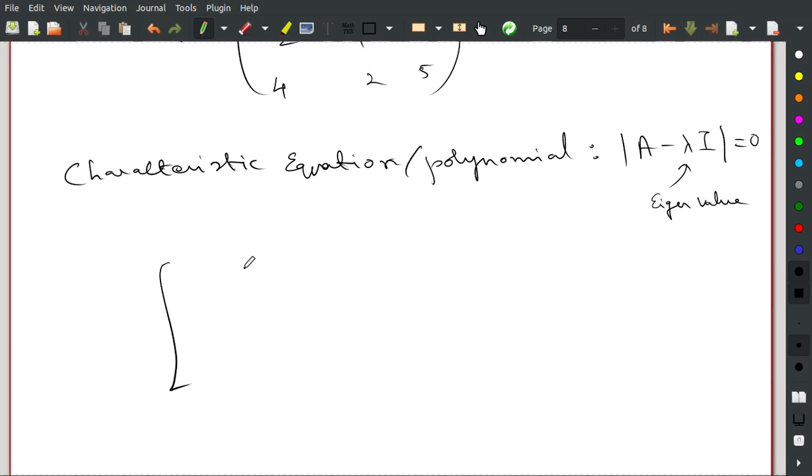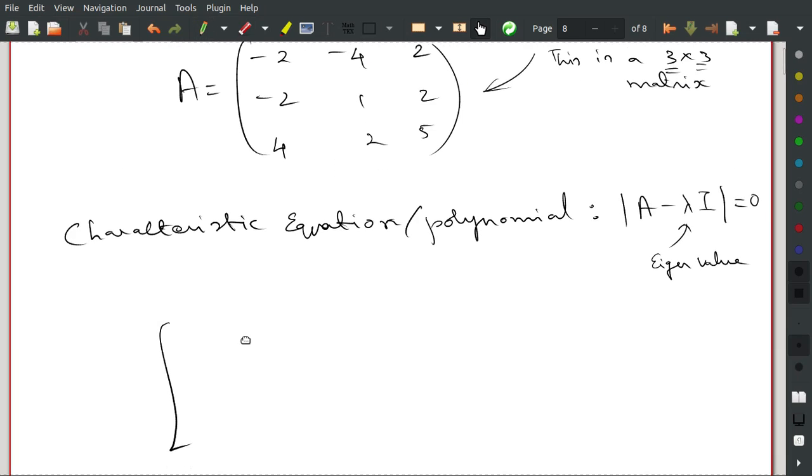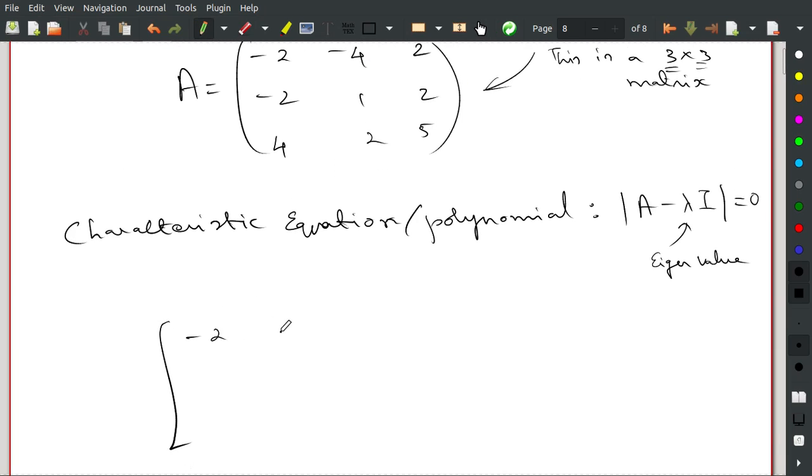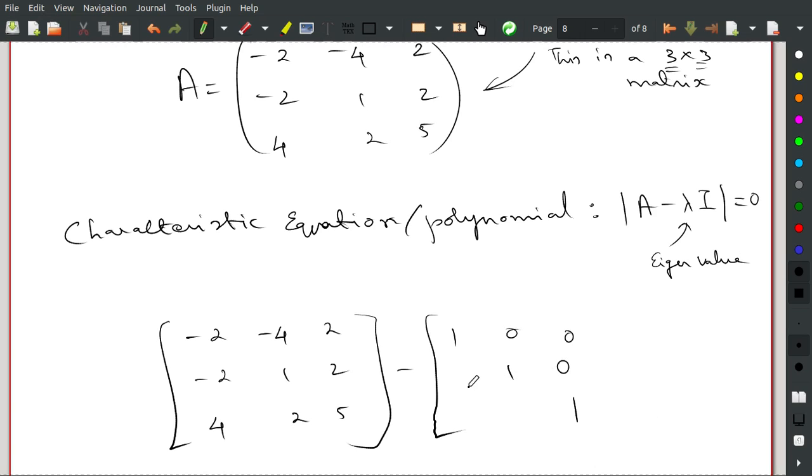so this is our A. So A equals -2, -4, 2, -2, 1, 2, 4, 2, and 5. And this lambda I is nothing but, I is the unity matrix, which is 1 on the diagonal elements, 1, 1, 1, and the remaining elements are 0.